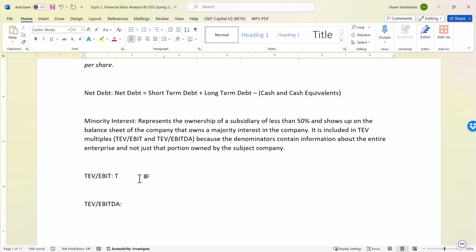So this is the total enterprise value divided by operating profit, earnings before interest and taxes, and this is the total enterprise value divided by the operating cash flow of the company.